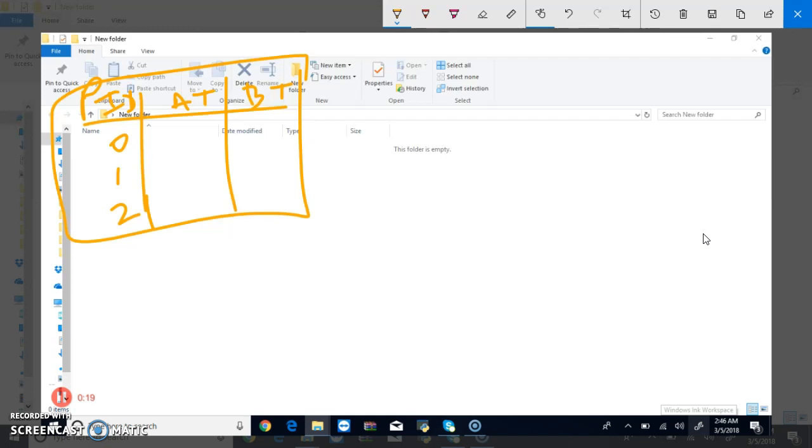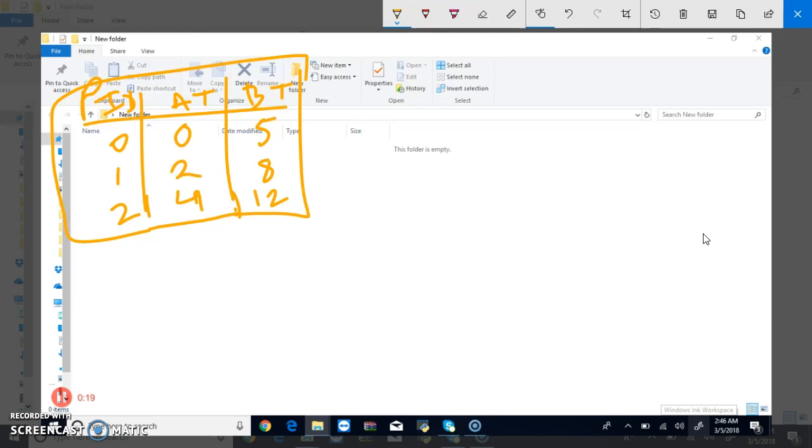Arrival times are 0, 2 and 4 milliseconds. Burst times are 5 milliseconds, 8 milliseconds and 12 milliseconds. This is a simple snapshot of the algorithm.